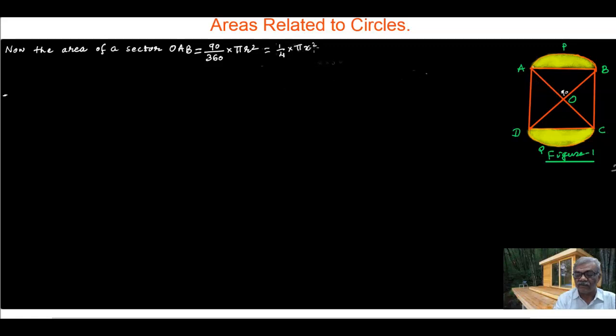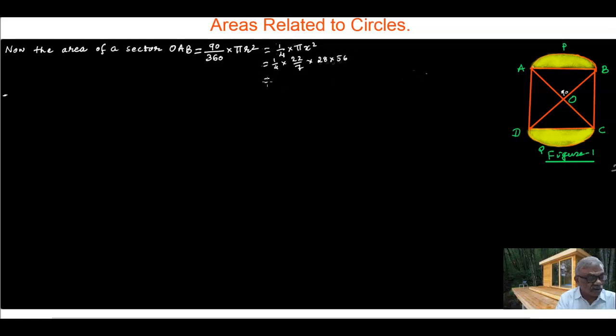This is the value which you have found in equation number 2, and this is equal to 1 by 4 into 22 by 7 into 28 into 56.